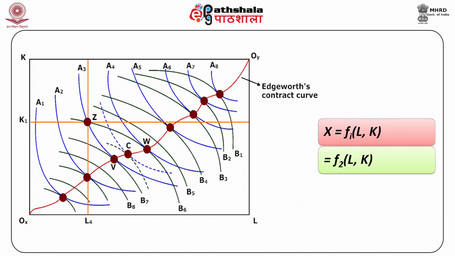We have already said that the blue isoquants represent the isoquant for the production of commodity X. On the other hand, we have another inverted axis which is representing the isoquants for the production of Y. Now, these isoquants are given in black and we have a family of isoquants which are coming virtually from top to bottom.